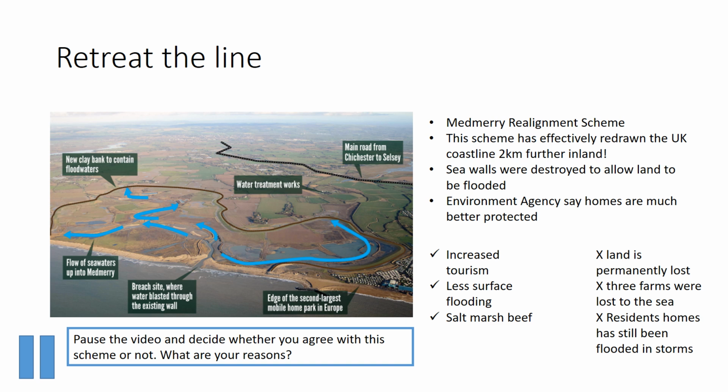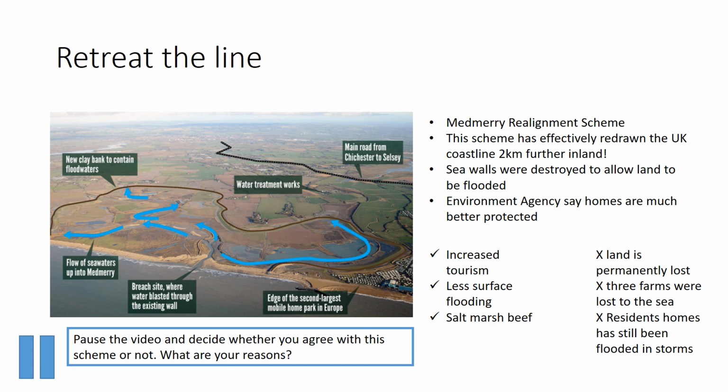But there are some disadvantages to this as well, and some of the local residents have complained that land is permanently lost in this scheme. So once you give the land to the sea, there's no getting it back. And 3 productive farms producing oilseed rape and winter wheat have had to be lost to the sea as part of this scheme as well.